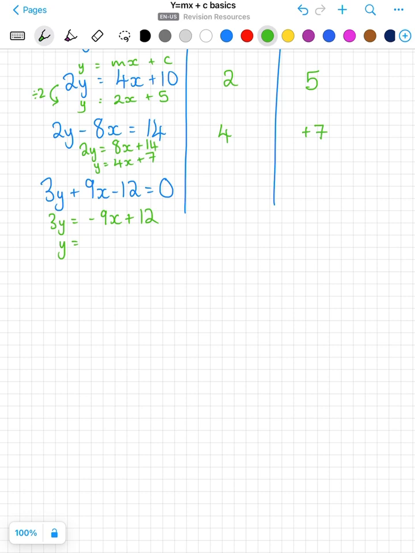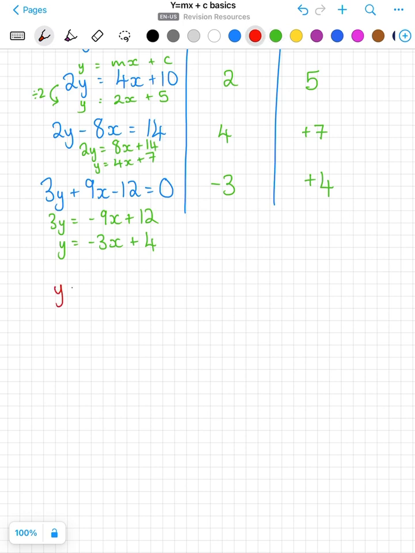We're going to divide our entire equation by 3 so that we just get 1y. Our gradient is minus 3 and our y-intercept is plus 4. You may also see equations that have a fractional gradient. That is fine, it just means that the line isn't as steep.